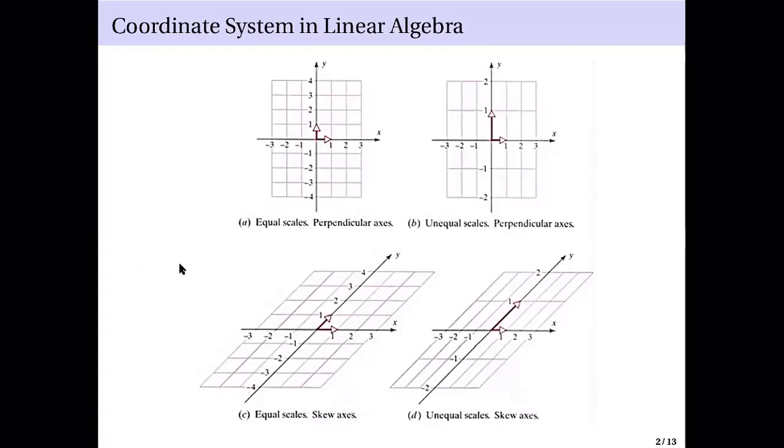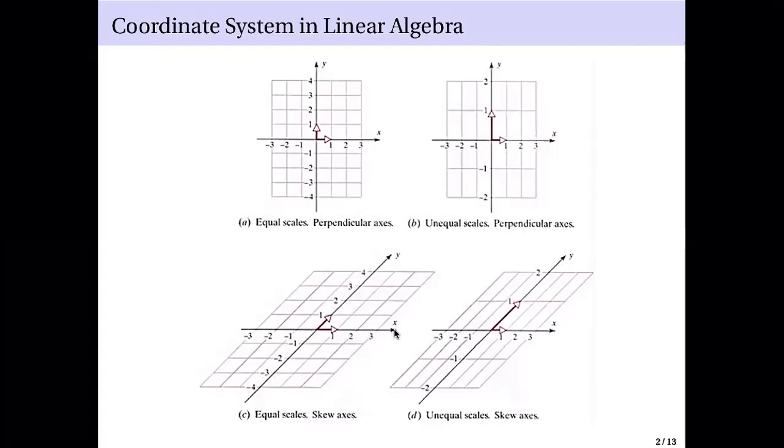Or maybe we are also allowed to use this type of configuration wherein the axes are not actually perpendicular. Okay? So in here we have this x-axis, and the y-axis is slanted.